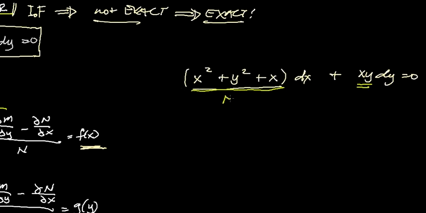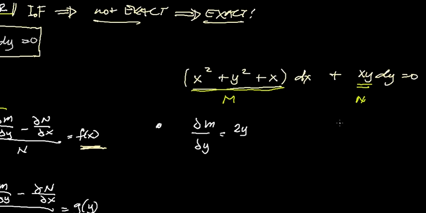This is our M because it's multiplied by dx, and this is our N because it is multiplied by dy. Our partial derivative of M with respect to y: we treat x as constant, so this is 0, and the derivative of y squared is just 2y, then this is 0.